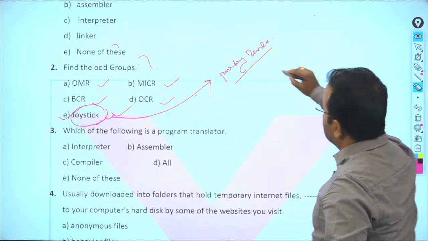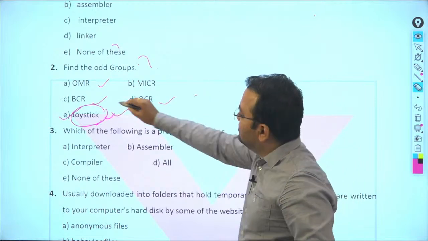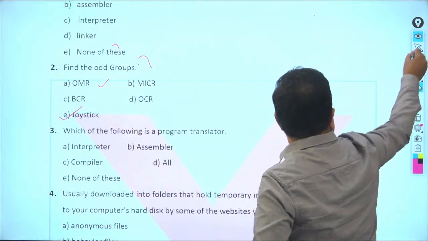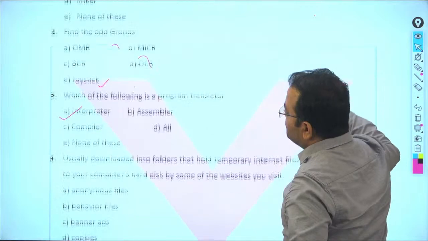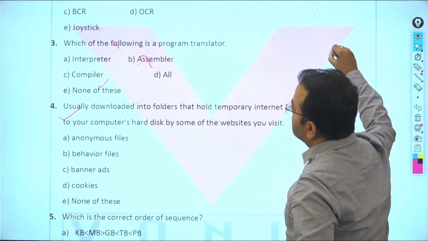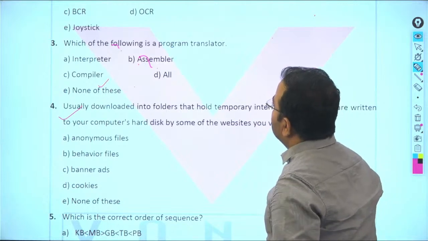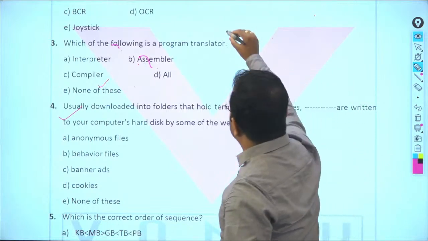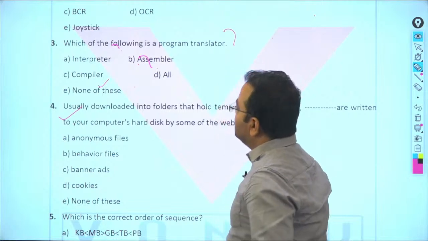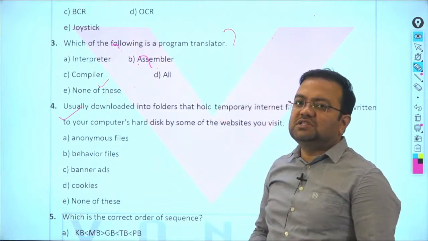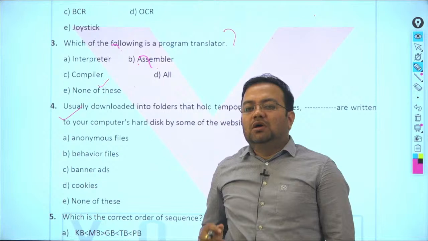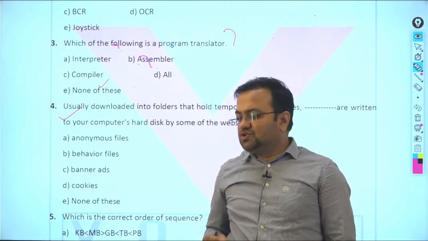Then go to the next question, question number 3. So in question number 3, let's see what the question has asked. Which of the following is a program translator? The question has asked which of the following is a program translator. So students, recently we discussed one program translator which was used in second generation.